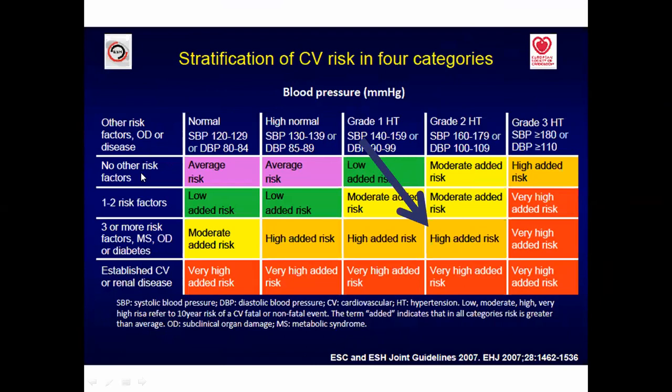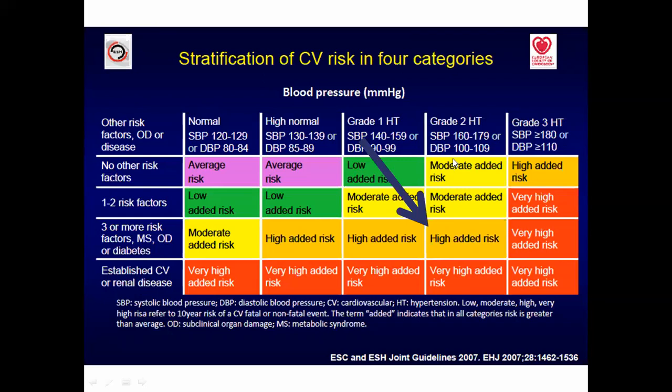Here, no risk factors, 1 to 2 risk factors, 3 or more risk factors, metabolic syndrome, organ damage, or diabetes, and this is established cardiovascular disease or renal disease. So simply by taking history of the patient and measuring the blood pressure, you can position him into one of these squares.